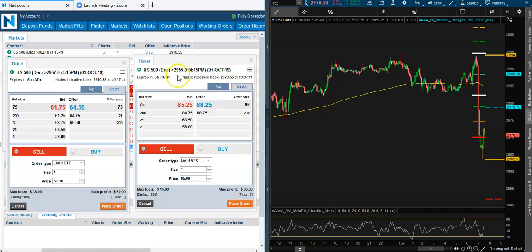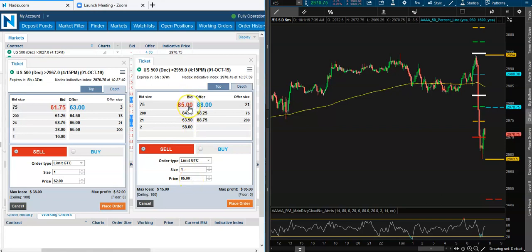Well, 2955 is about 15 points away. Think of these as odds too, if that helps you. The odds of us reaching 2955 right now are about 15%.